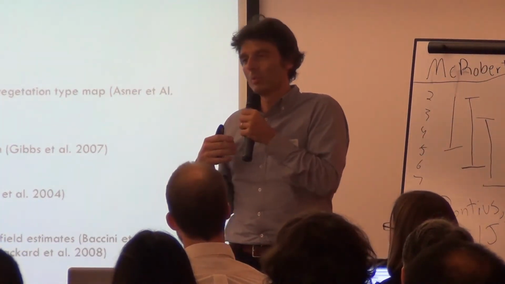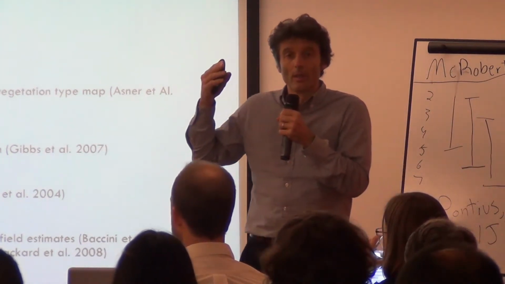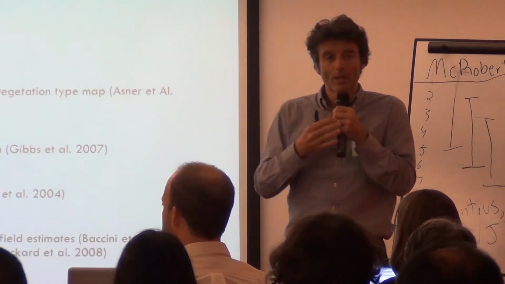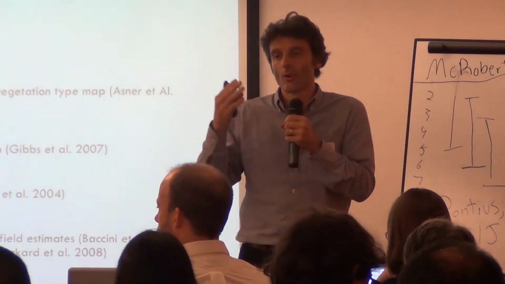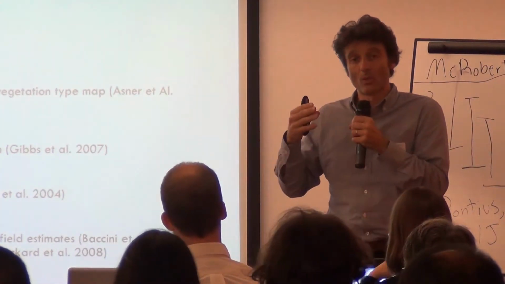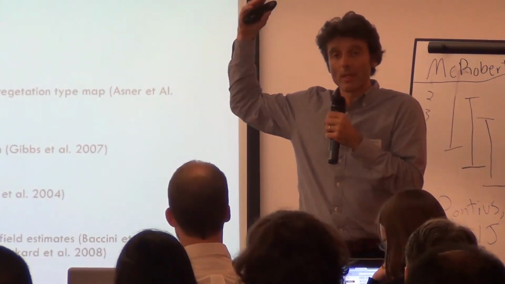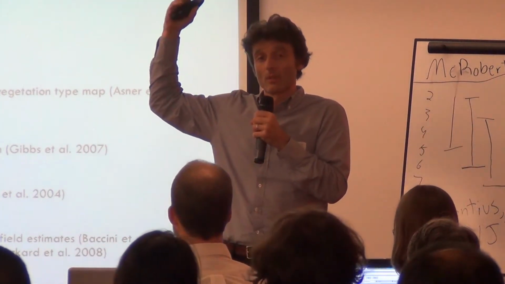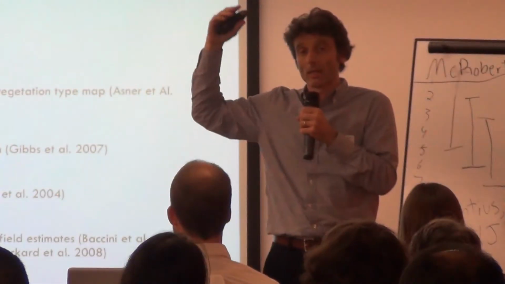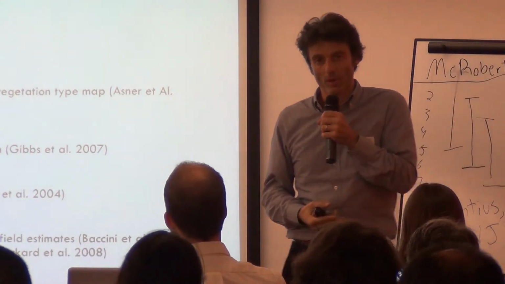So we try to build an empirical model that gives us the form and the shape of the relationship between the reflectance data, the information that we collect from the satellite, and what the biomass is on the ground.